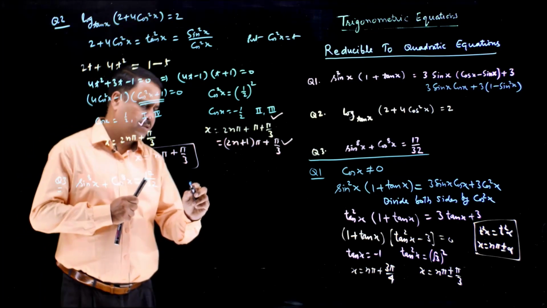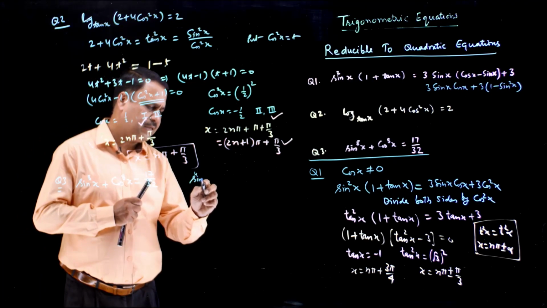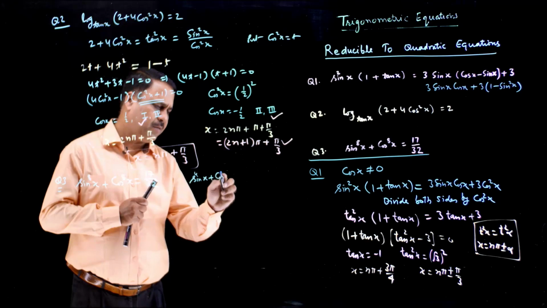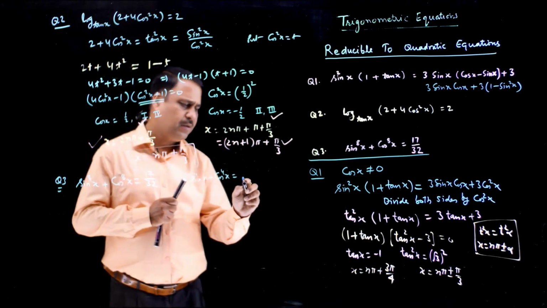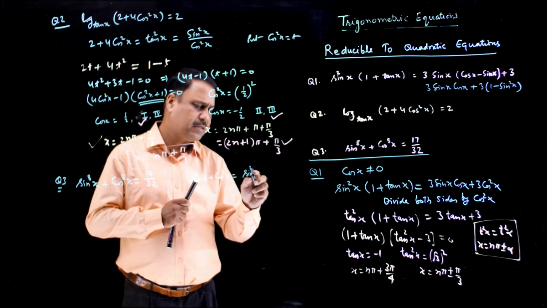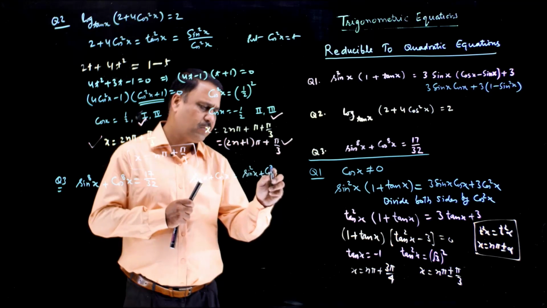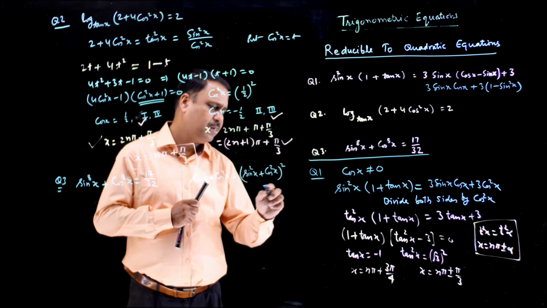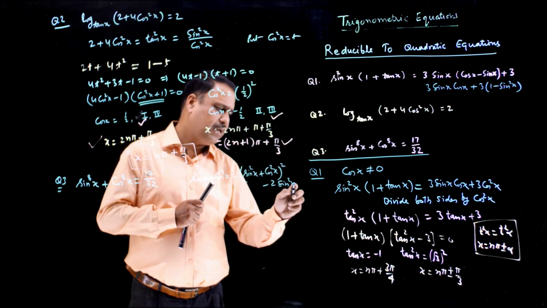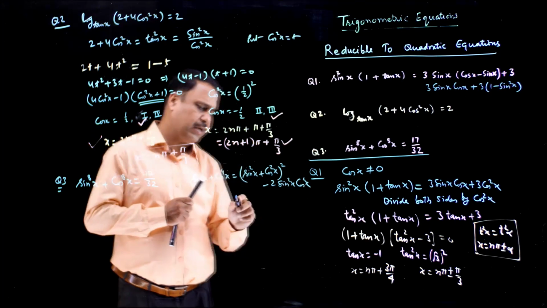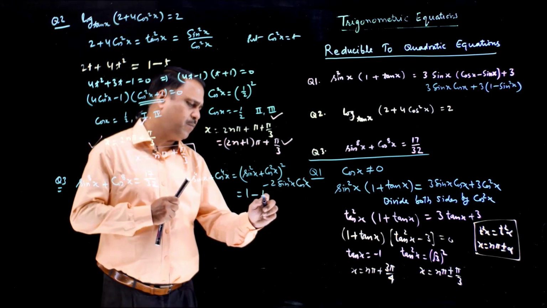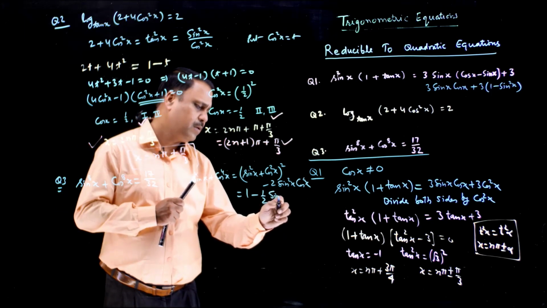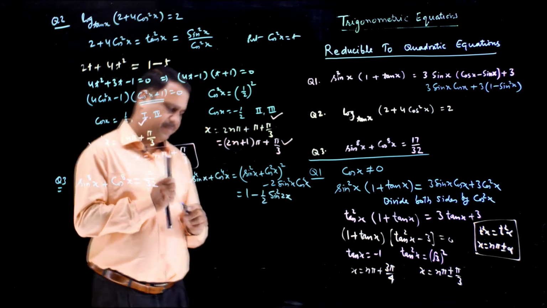So here we can use sin power 4x plus cos power 4x is equal to (sin square x plus cos square x) whole square minus 2 sin square x cos square x. So this will give 1 minus 1 upon 2 sine square 2x.